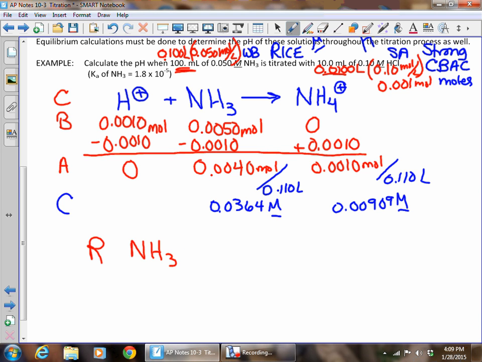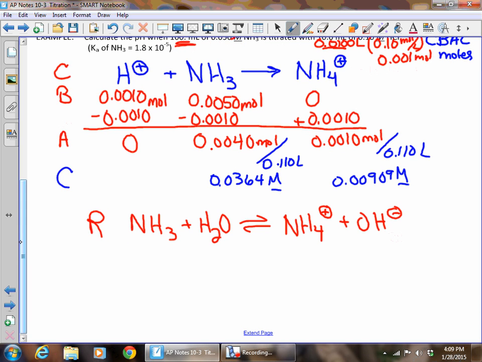So NH3 plus H2O is going to yield NH4 plus and OH minus. So there's our weak base reaction. According to what we just calculated, NH3 is 0.0364 molar. We don't care about water because it's a pure liquid.